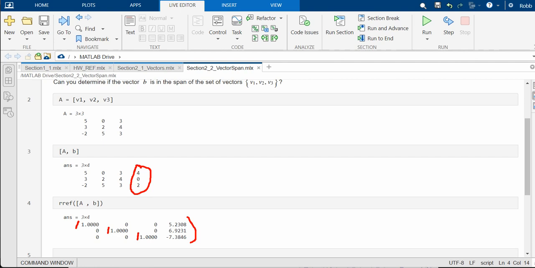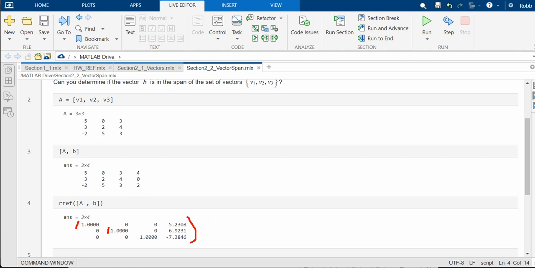Okay, so because there is a solution, this is consistent. We reduced it to RREF, and this matrix here is consistent. It has a solution, therefore the vector b is in the span of the vectors.